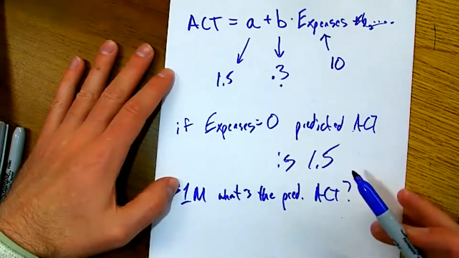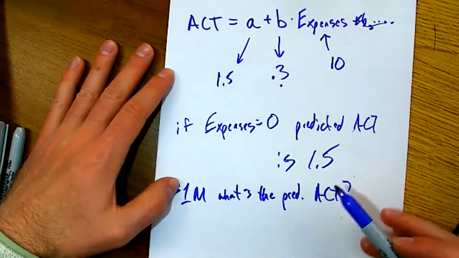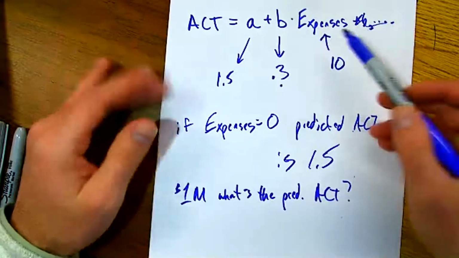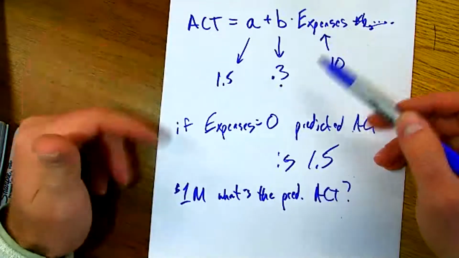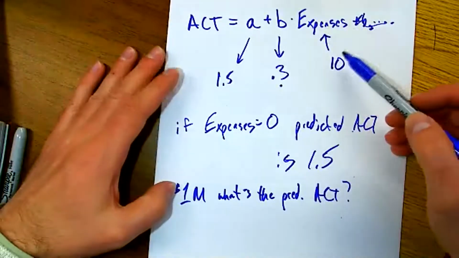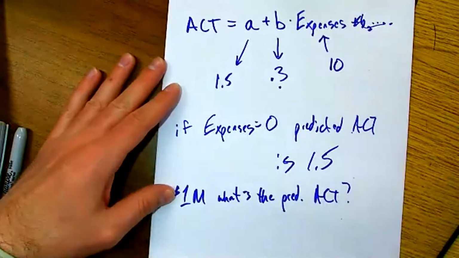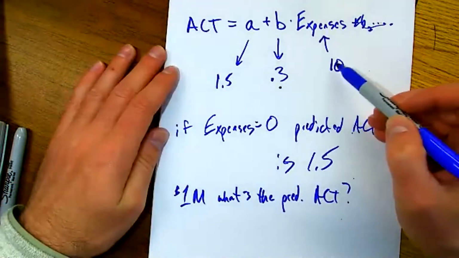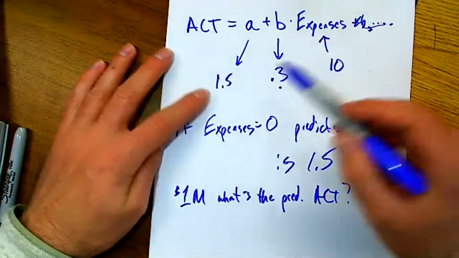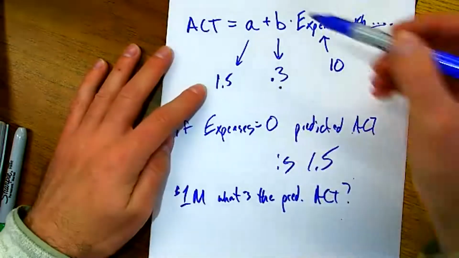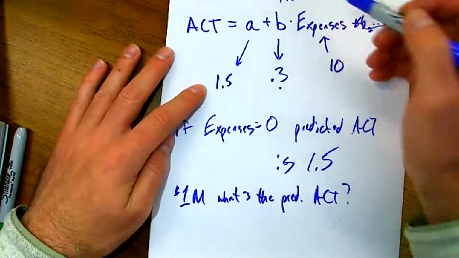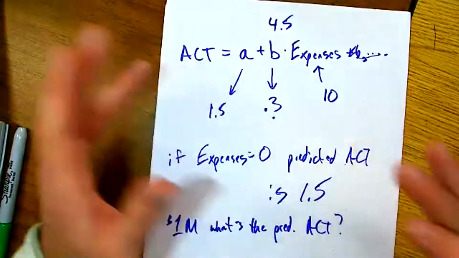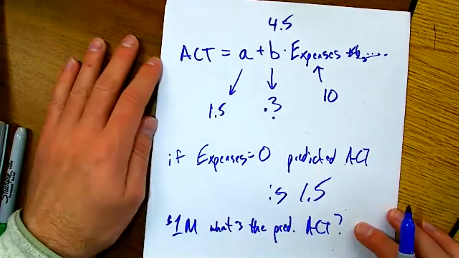Like I said, I'd probably keep this easier on the exam, where the units aren't something out of the ordinary. I would have kept them at the number of dollars, like $1 would be a unit. But if I didn't, this would be the idea. Now that I know that would represent 10, it's easy to make predictions here. 10 times 0.3 is 3, plus 1.5, I get a prediction of 4.5. It doesn't make the most sense here, but I'm choosing these numbers off the top of my head.